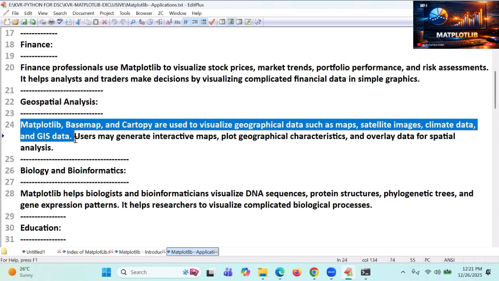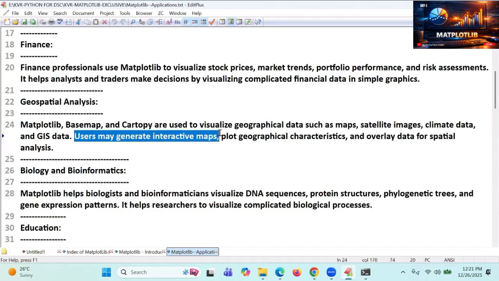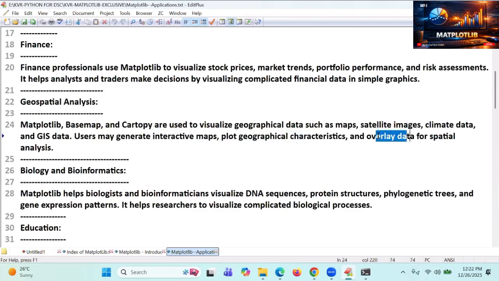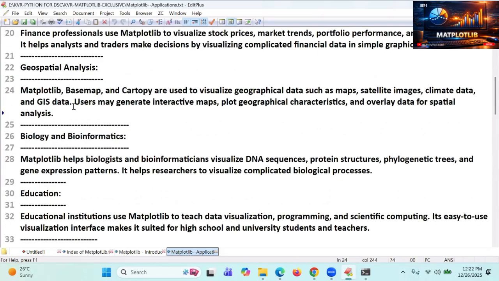Don't think, sir, how to get satellite data. In Python, some statements are there, with which you can get it, provided you have GIS connections. So users may generate interactive maps, plot graphical characteristics, and overlay data for spatial analysis. This type of data will also be useful.